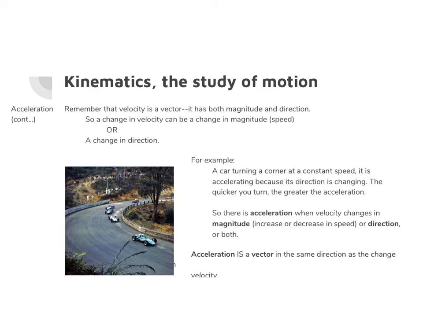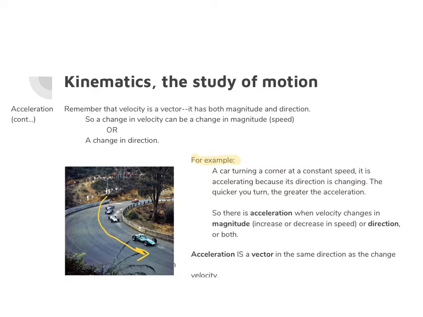For example, say this car pictured over here on this racetrack, a car is turning a corner at a constant speed. It is accelerating because its direction is changing. The quicker you turn, the greater the acceleration.